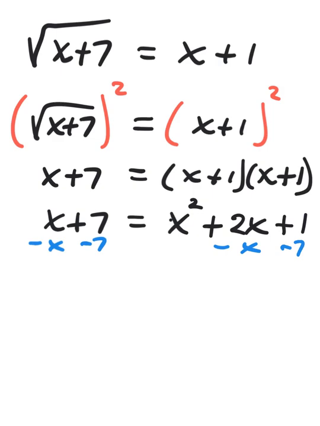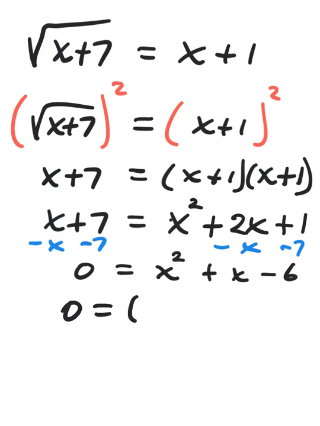to solve it. Okay, so with a quadratic, let's zero out one side entirely. 2x minus 1x, 1 minus 7, can you think of two numbers? They have to add up to positive 1, because that's your middle coefficient, but they also have to multiply out to negative 6.